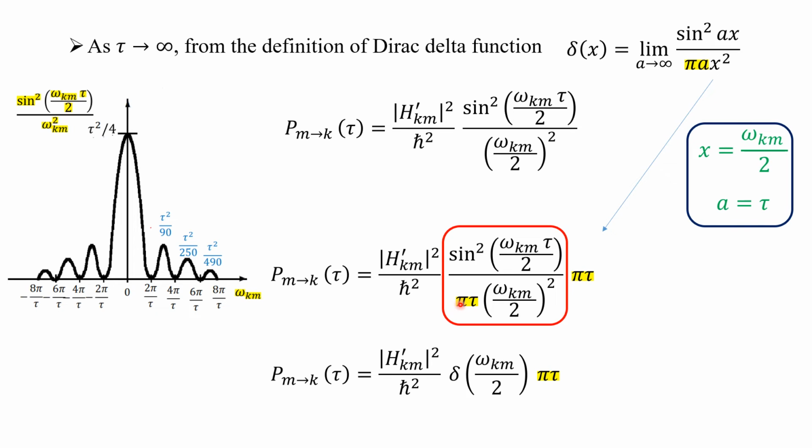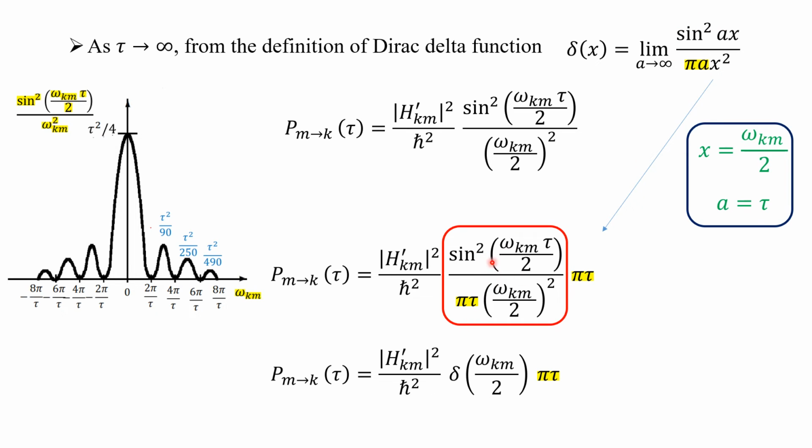So in the denominator I am multiplying by pi tau, and also in the numerator pi tau, in order to compensate. Now you can see the term inside the rectangular red color box is exactly equal to this one.